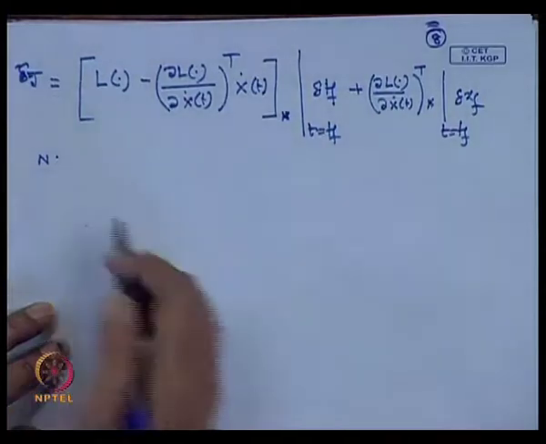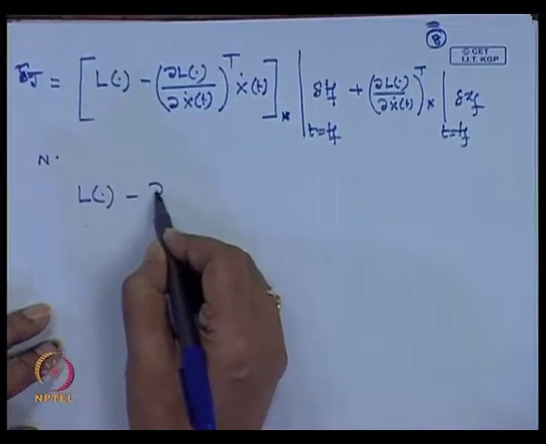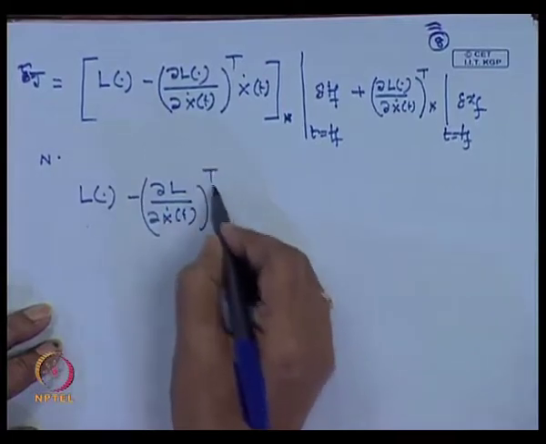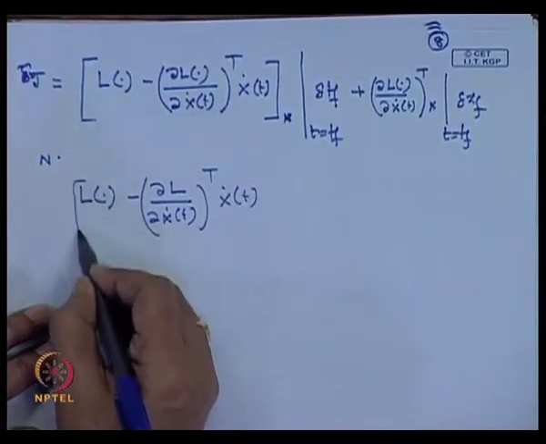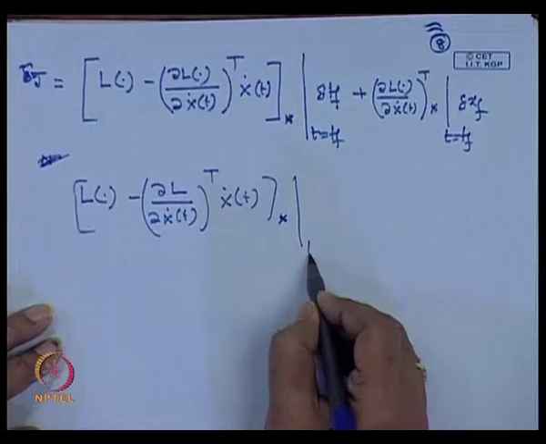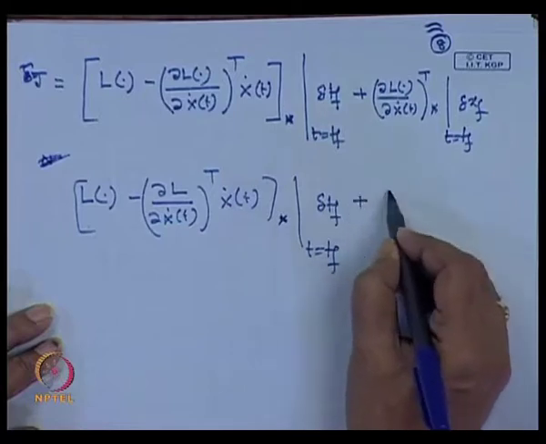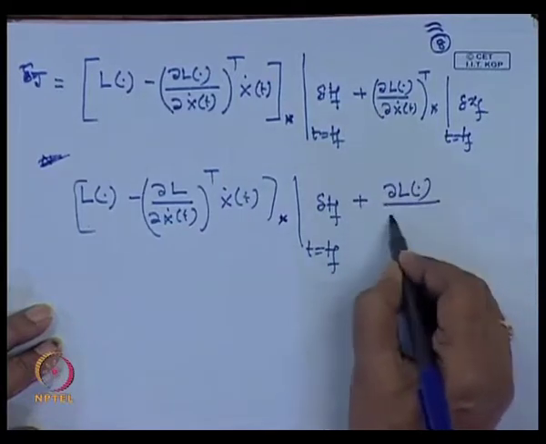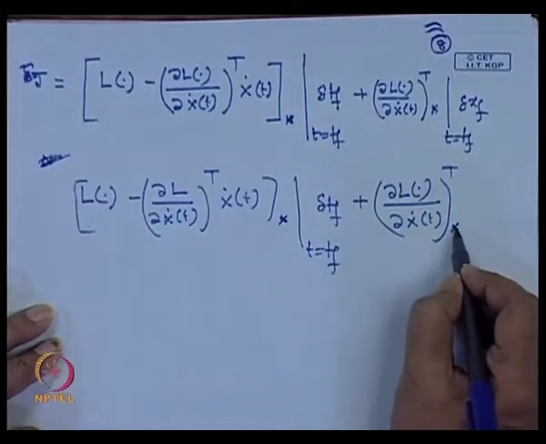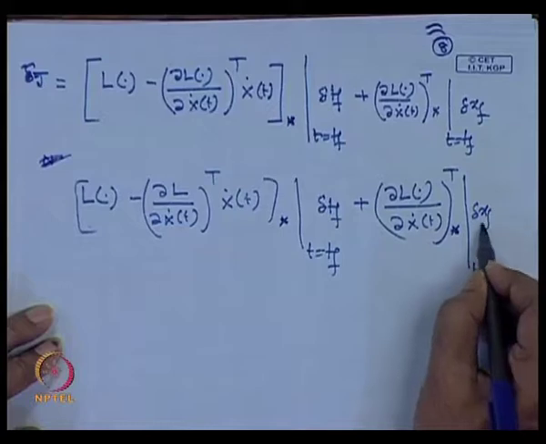In addition to the two, the third condition is that L minus del L del x dot of T whole transpose x dot of T, star evaluated at T is equal to T f, delta T f, plus del L del x dot of T whole transpose star at T is equal to T f, delta x f is equal to 0.